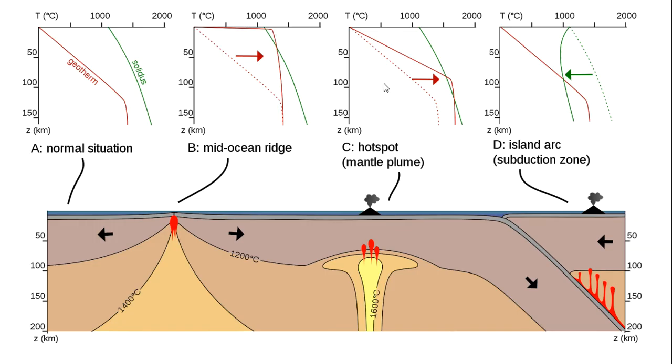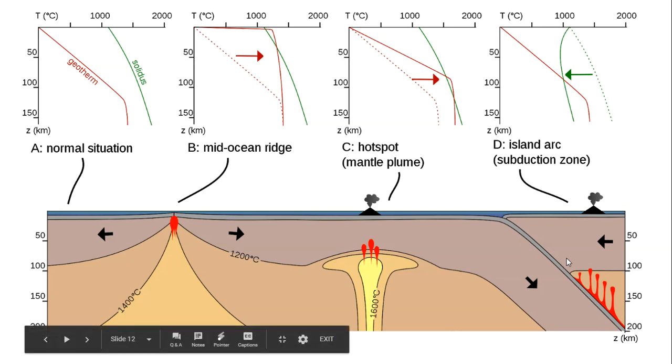Now, over here at the hotspot, the same thing happens, except that it happens at a deeper level within the lithosphere. Now, here you have a situation with the island arc volcanism, or you could say continental arc volcanism, same thing, because the reason things are melting here is because the solidus has moved, and the solidus has moved because you're bringing water, you're hydrating this part of the upper mantle and the lithosphere.